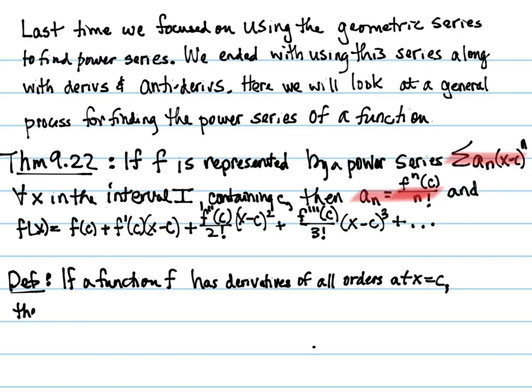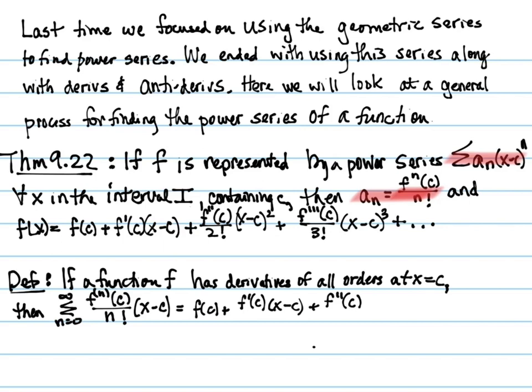Then the summation from n equals 0 to infinity of the nth derivative of the function evaluated at c over n factorial times x minus c to the n, which is exactly what we wrote out above, is f of c plus f prime of c times x minus c plus f double prime at c over 2 factorial, x minus c squared, and so on.